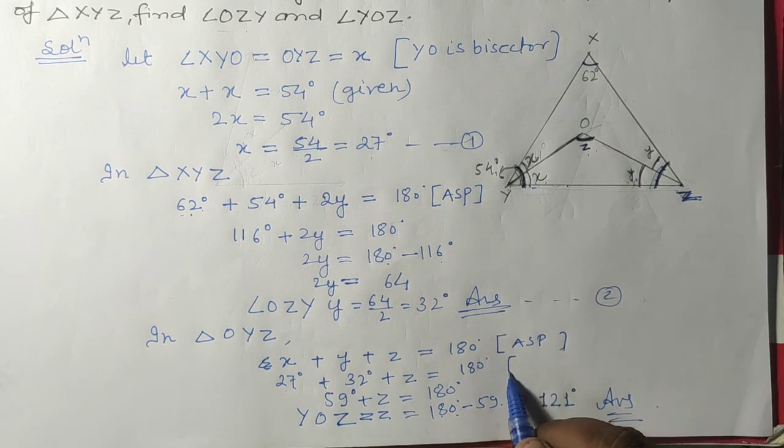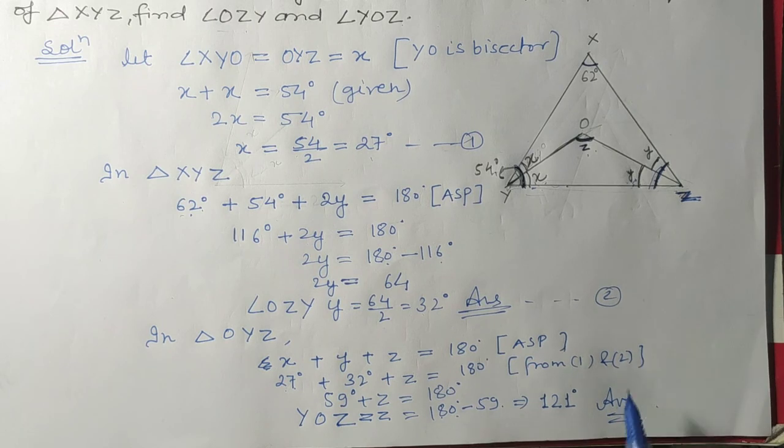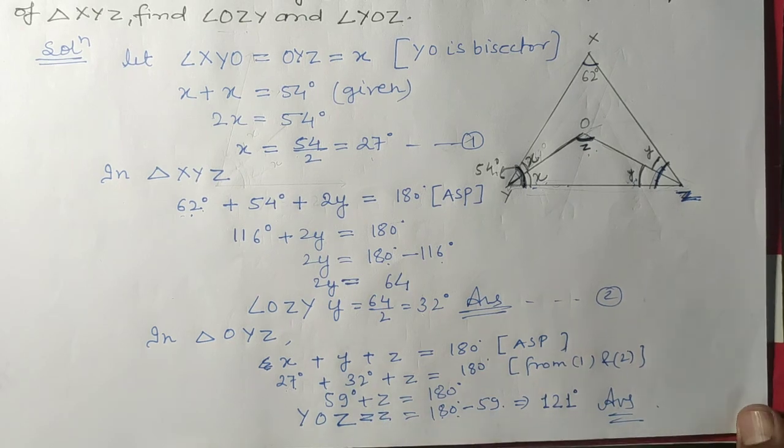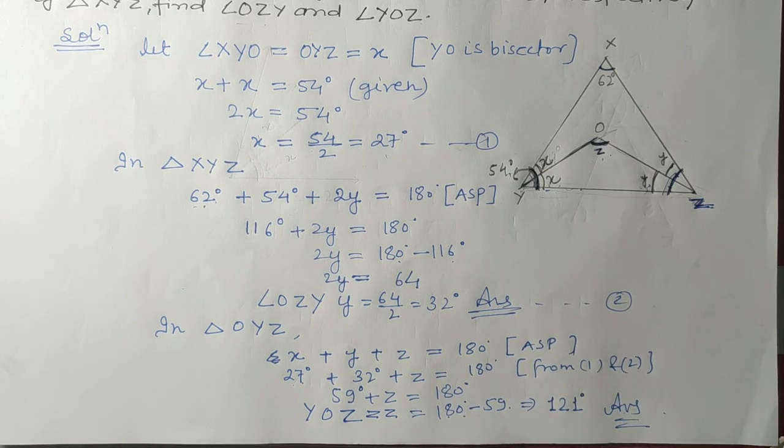Here you can write the reason: from 1 and 2. We have put the value of x and y, that is 27 degrees and 32 degrees, and by putting these values we have found the value of z.